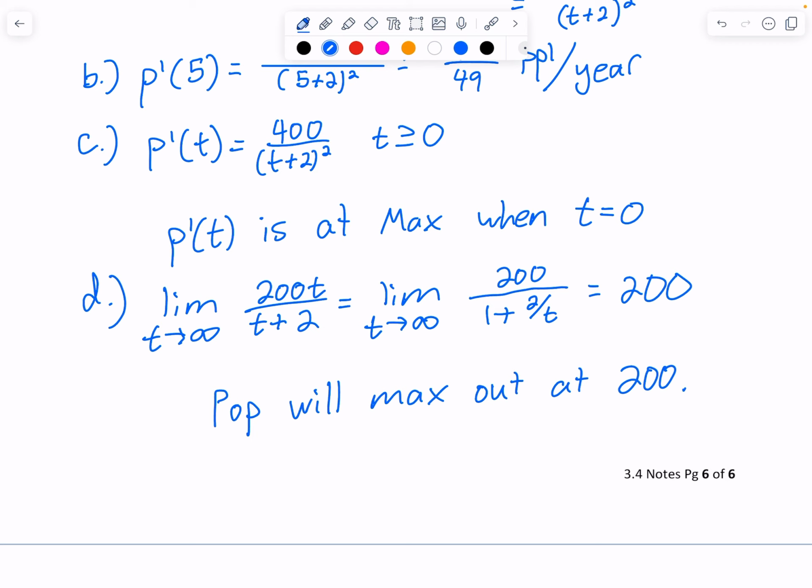We're limited by food, which is limited by prey or vegetable growth, which is also limited by water and limited by how much crop we have to begin with, which is limited by how much rain we're getting, which is limited by a bunch of things. So the population never actually just goes up and up and up. It's limited by how much the environment can sustain. So typically we get what's called a logistic equation, and that's what's happening here: it will have a max because the population is getting bigger, but it can't sustain past the 200.